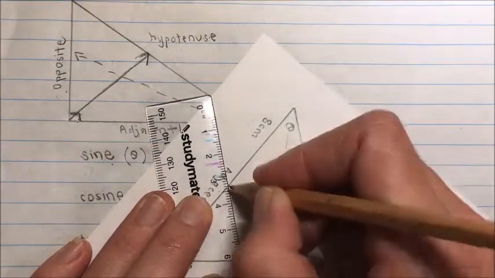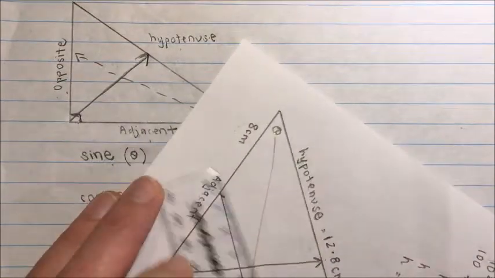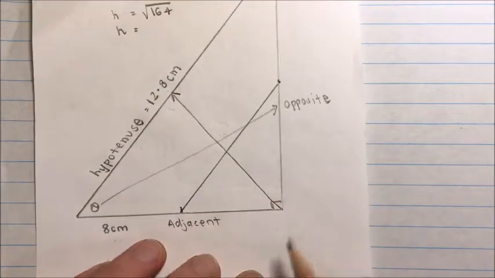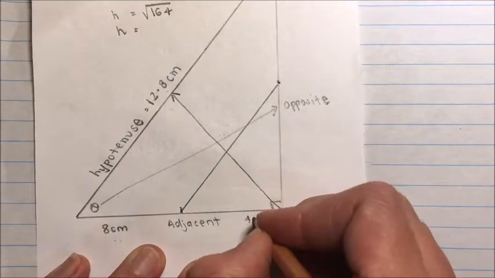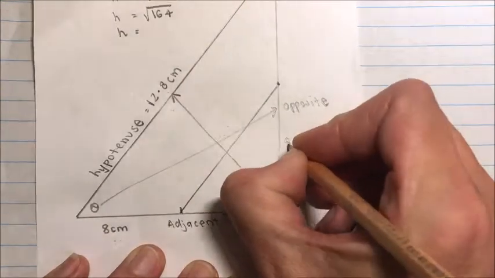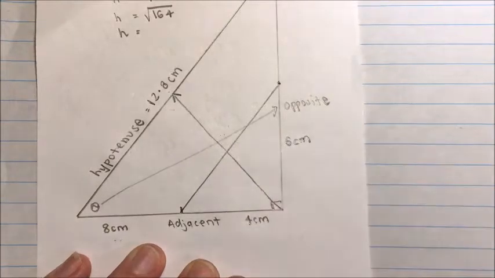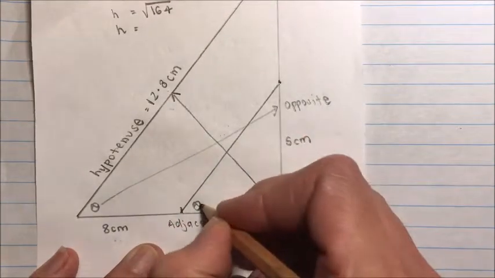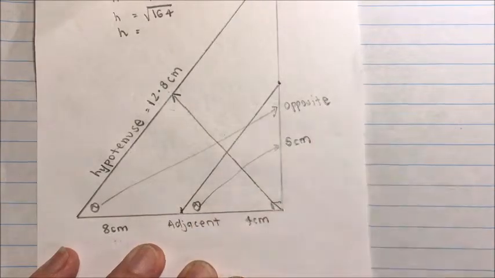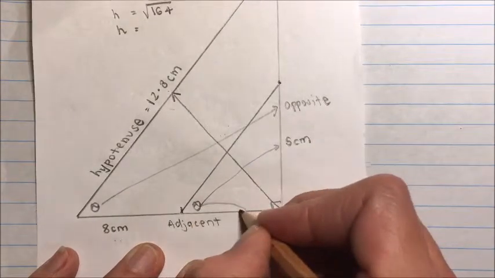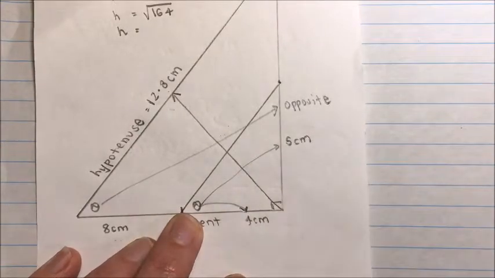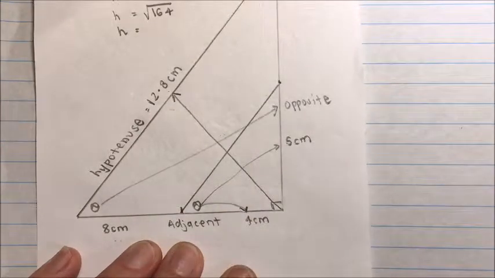So I'm going to draw a new little triangle inside this triangle. So we've got similar figures here. I know this one now is 4 centimetres and this one is 5 centimetres. And I'm going to keep the matching reference point. So this is still the opposite and that side is still the adjacent, but now the opposite is 5 centimetres and my adjacent is 4 centimetres.